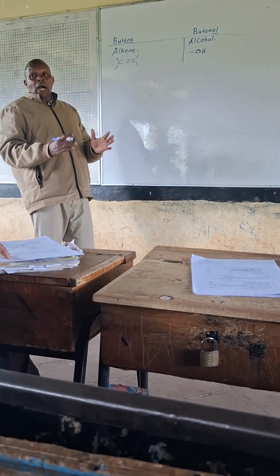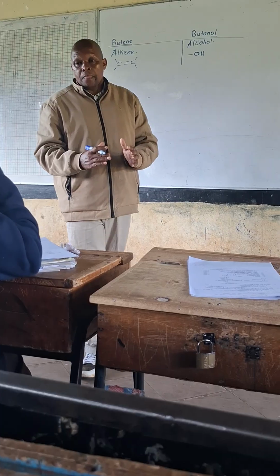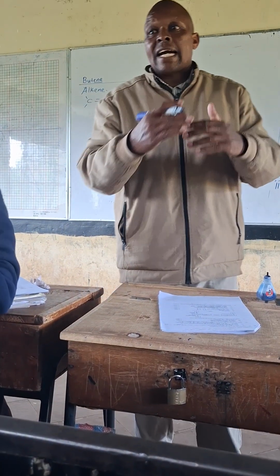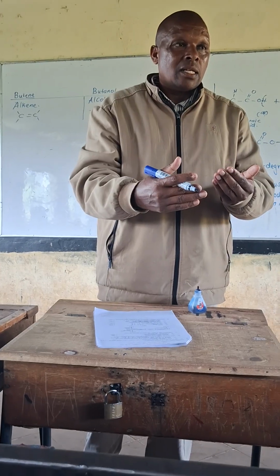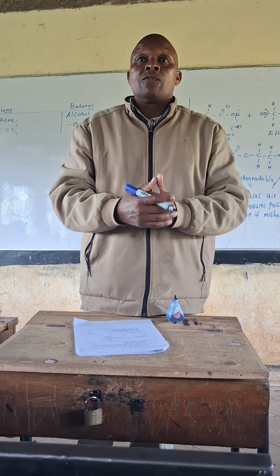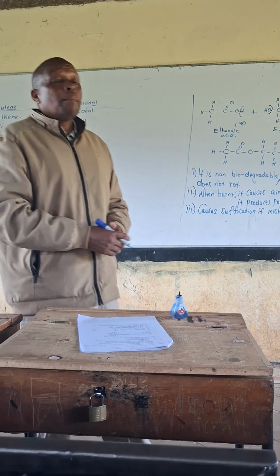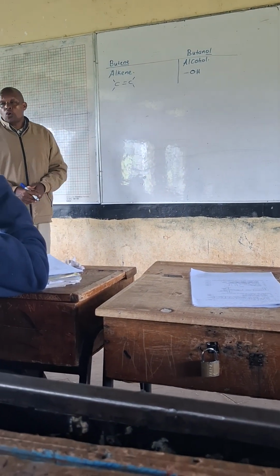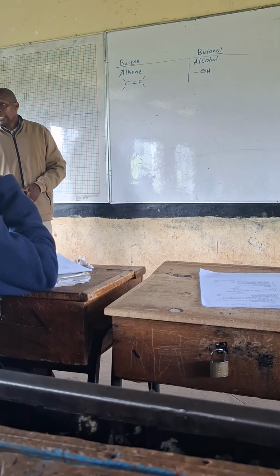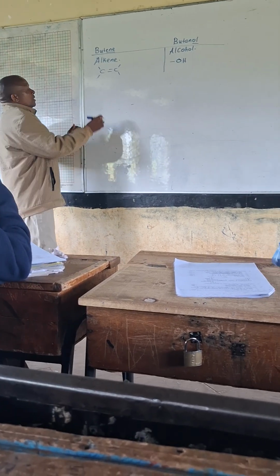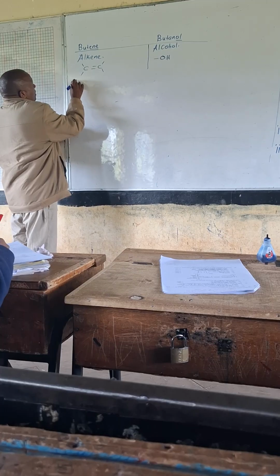So the two compounds are actually combustible. They can easily be burnt. So you can use burning as a test for the two. When you burn butene, it burns with a yellow, sooty, smoky flame.